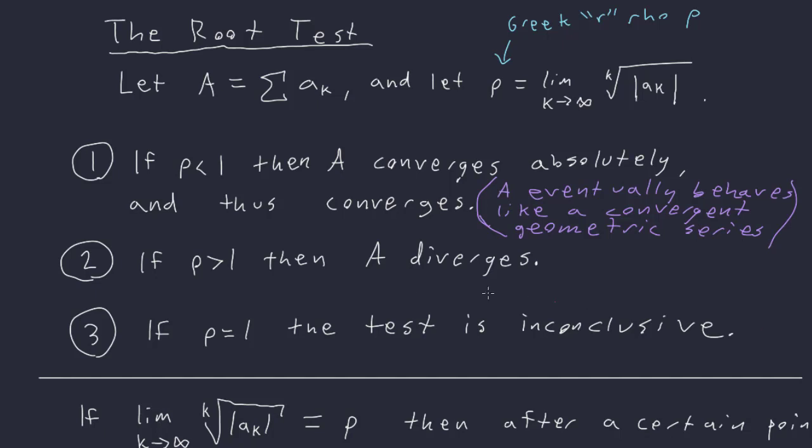On the other hand, if this is happening, then A is likely acting like a divergent geometric series.